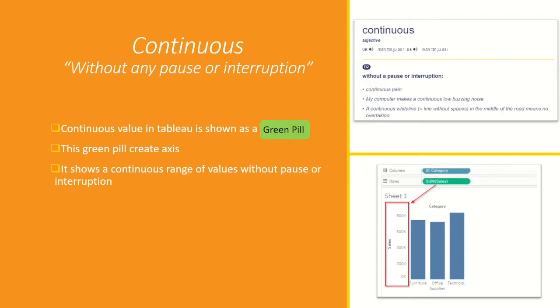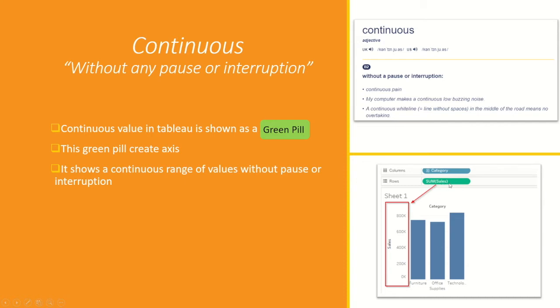Moving on to continuous values. As the name suggests, continuous means without any pause or interruptions. Continuous values in Tableau are shown in green pills. The green pills are used to create the axis. It shows the continuous range of values without any pause or interruptions. As you can see in this chart, sum of sales is a continuous value which is represented by a green pill.